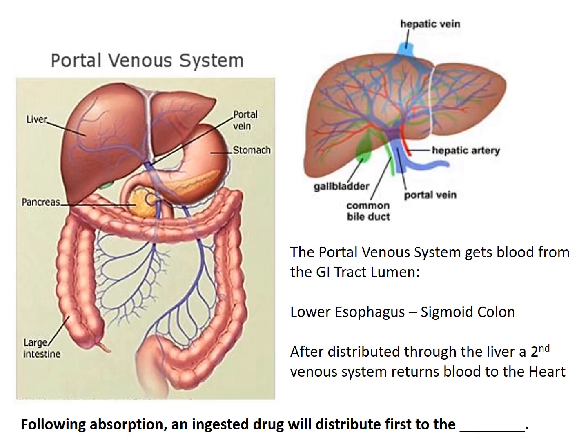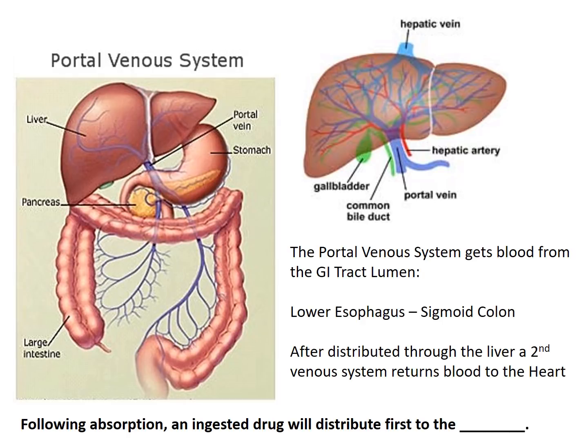And from the hepatic vein then to the inferior vena cava, and then that blood flow will return to the heart. The picture on the left shows you the portal venous system. That's that drainage of blood flow from the GI tract through the portal vein and into the liver. So everything that's absorbed from the GI tract initially is going to get into the portal vein and go into the liver first before it hits systemic circulation.